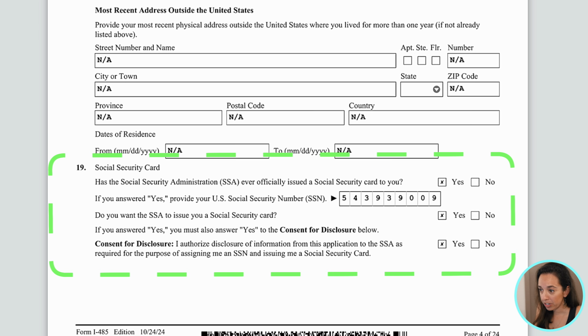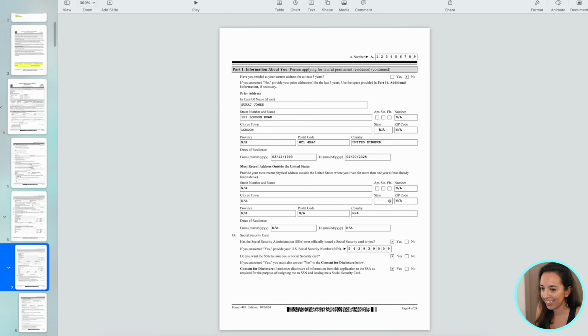But as you're applying for a green card, this new Social Security card will have no restrictions on it. So if a potential employer asks to see your Social Security card, there won't be any discrepancies regarding it. We then checked yes for the next box, which is just the consent for disclosure.